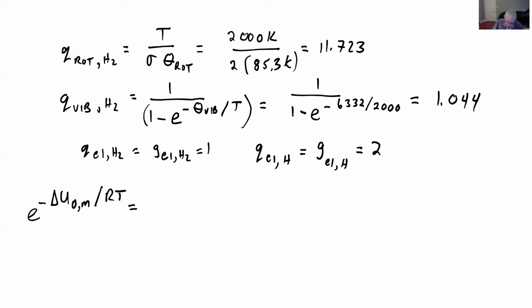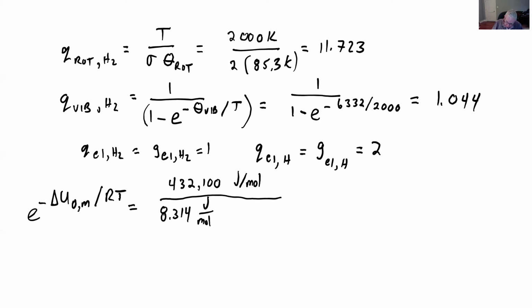That's equal to the delta U is the dissociation energy we had up there, and that was 432 in kilojoules per mole, which means it's 432,000 in joules per mole. And then on the bottom, I've got R, which I want to put in joules.